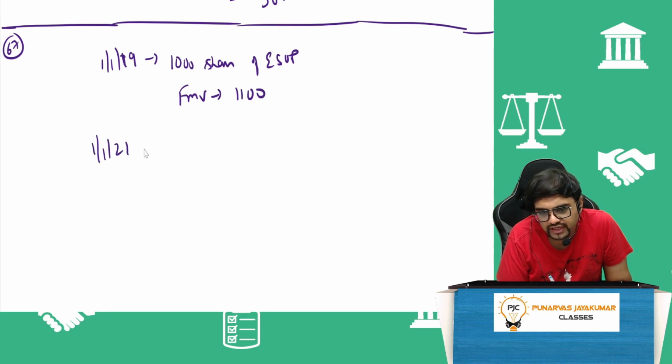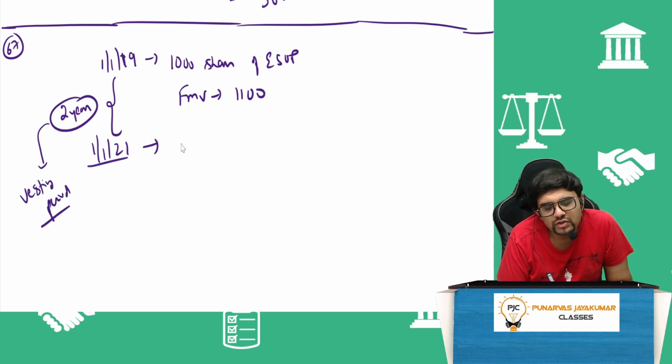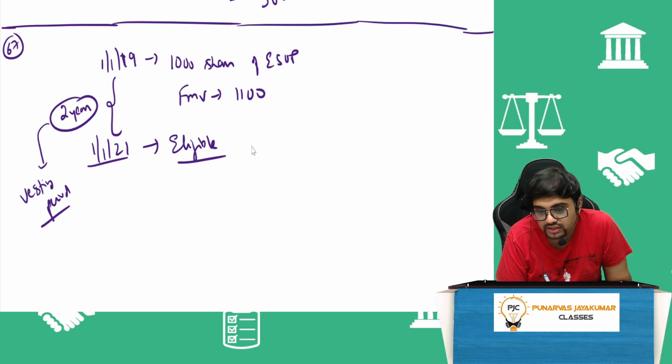On 1/1/21, they will tell, I will offer you only if you work for 2 years. These 2 years are called the vesting period. On 1/1/21, you now become eligible to buy the shares, which means vesting has happened, vesting period, eligibility.